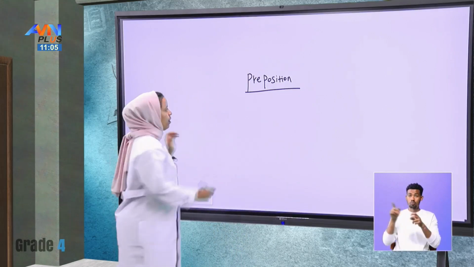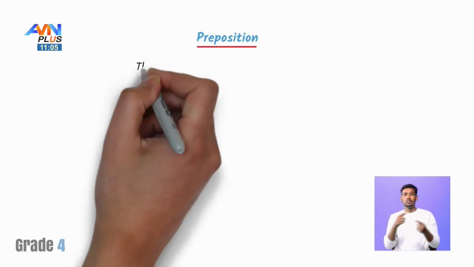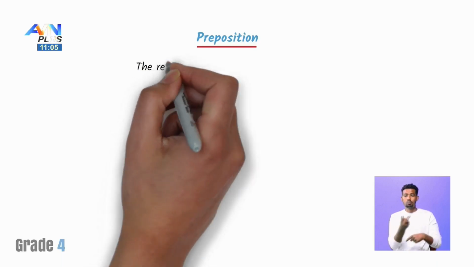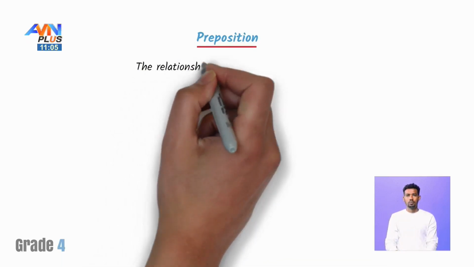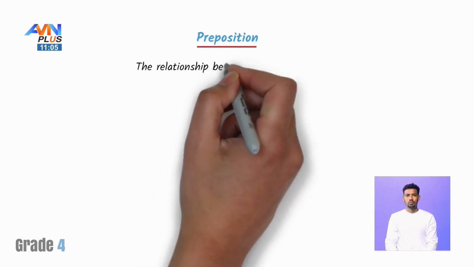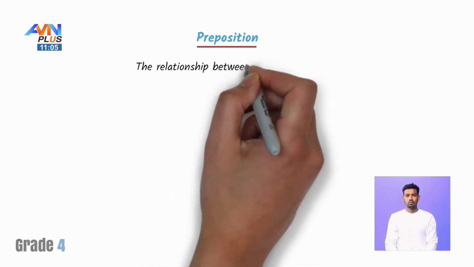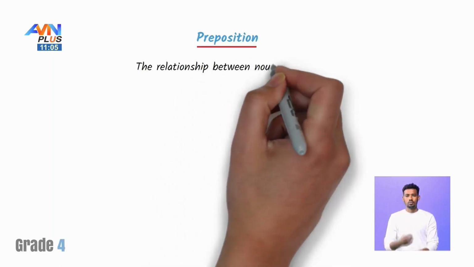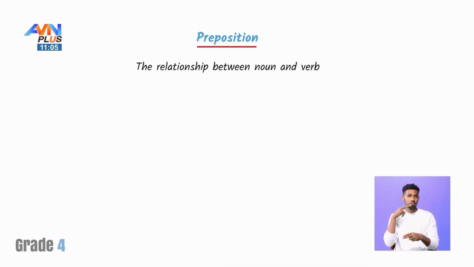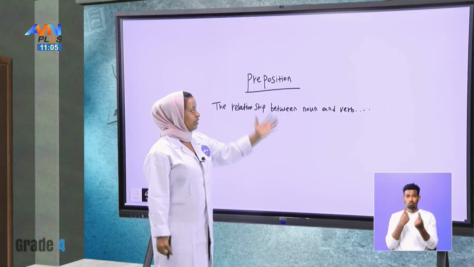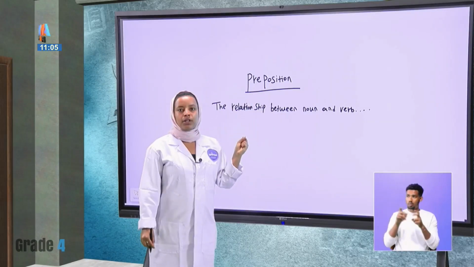Preposition means the relationship between noun and verb and other parts of speech. And also, here is the title, preposition.